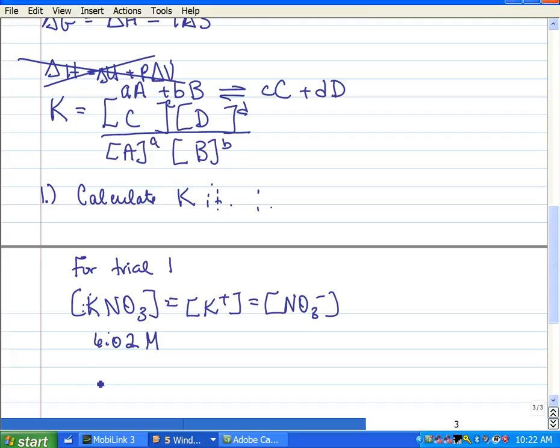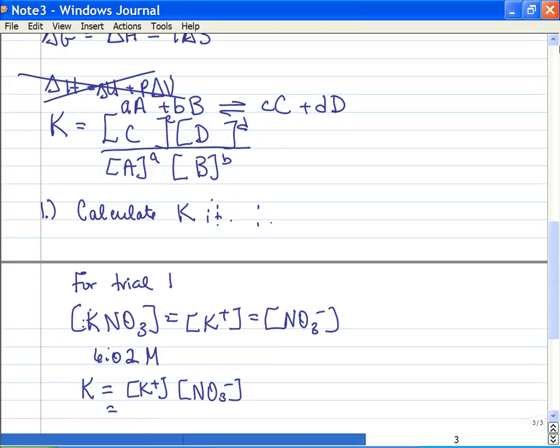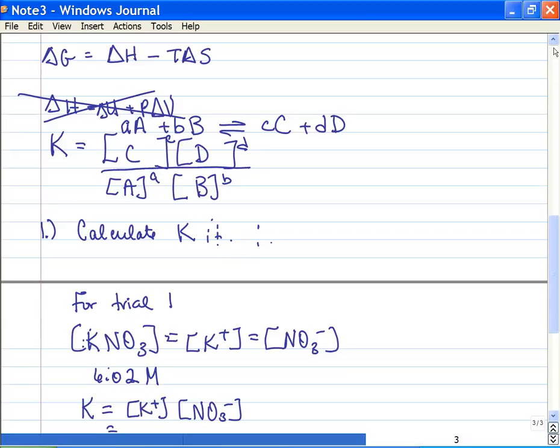So K for this one, that is the concentration of the solution for the first trial. So the moles of potassium nitrate over the volume for trial one: 6.02. Does everyone agree with that answer? 6.02 moles per liter or 6.02 molar.